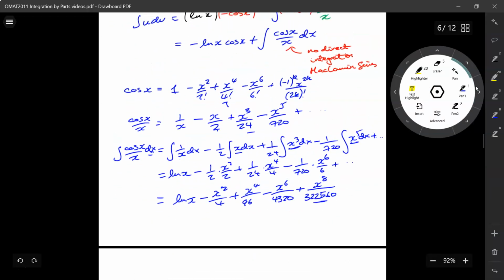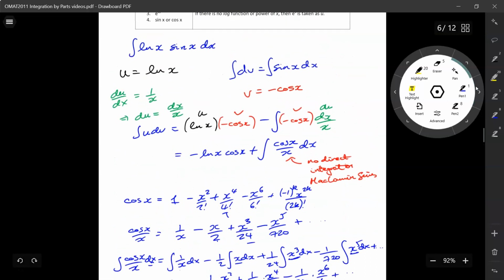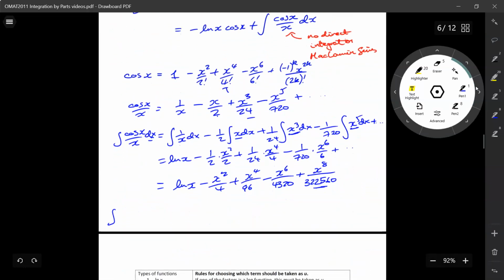So my full integral then, if I take these terms here, go back up to the top, it's the integral of the log of x times sine x dx is equal to, I can take this term here down.